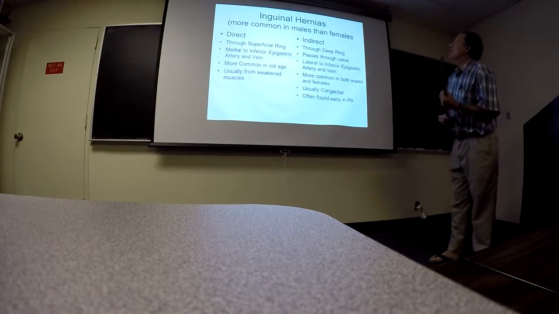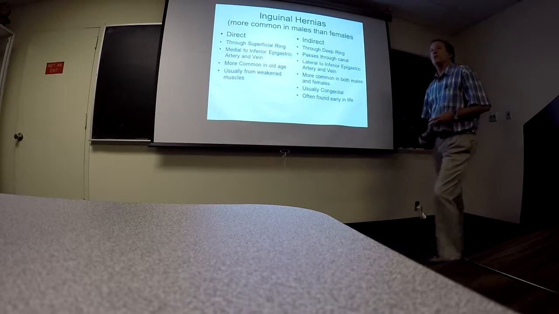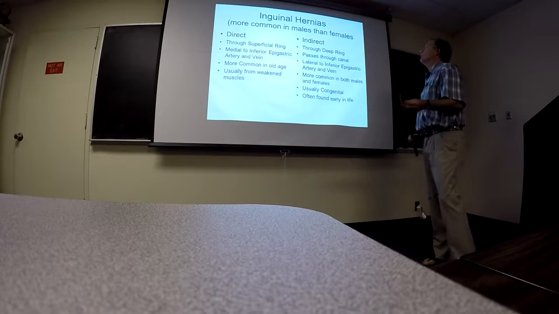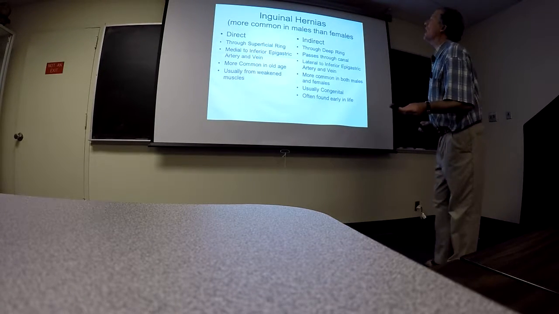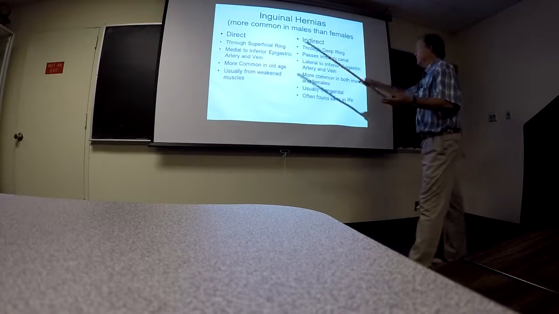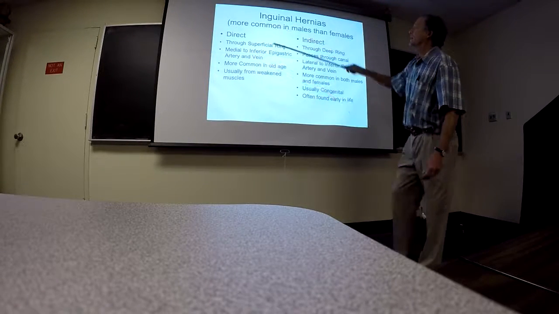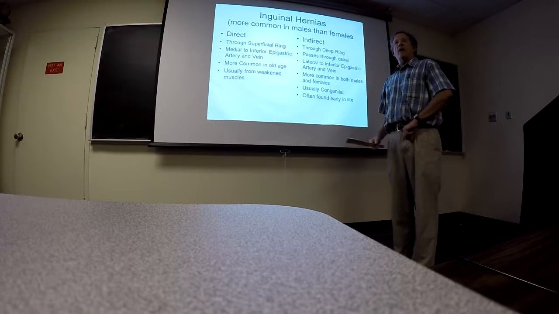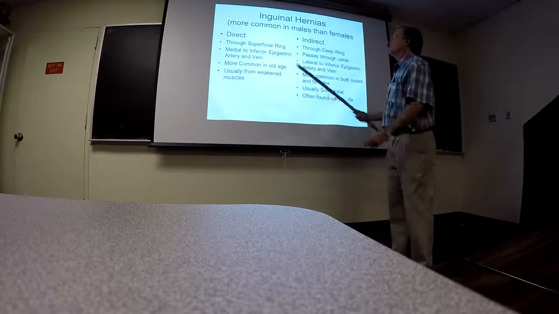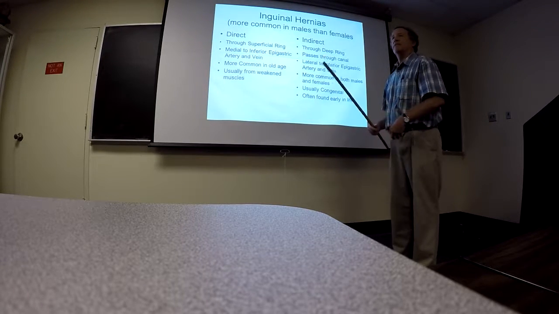These hernias, which are much more common in males than females because the testes descended down there early in development, are of two kinds. The more direct path, as it's called, is you can just push through that superficial ring. You've got this hole right here in the external oblique, and the contents can just push through and give a bulge right there, with bits of gut dangling there.